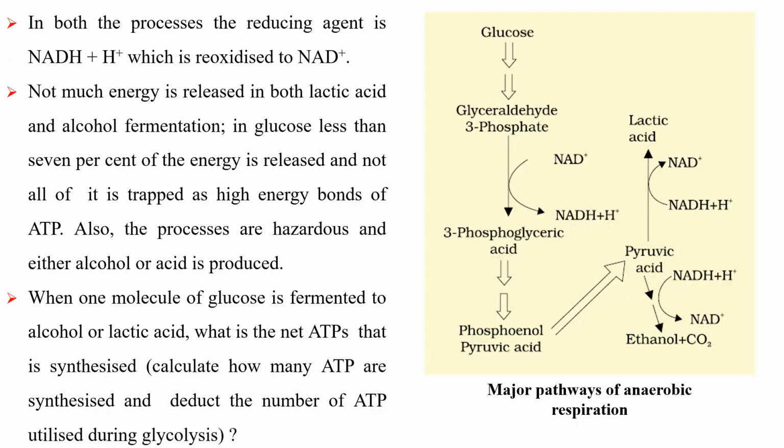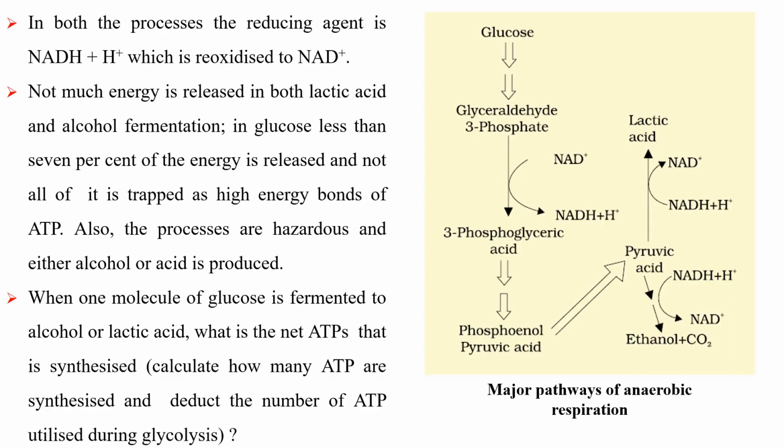In both the processes, the reducing agent is NADH and hydrogen ion, which is reoxidized to NAD ion. Not much energy is released in both lactic acid and alcohol fermentation. In glucose, less than 7% of the energy is released, and not all of it is trapped as high energy bonds of ATP.